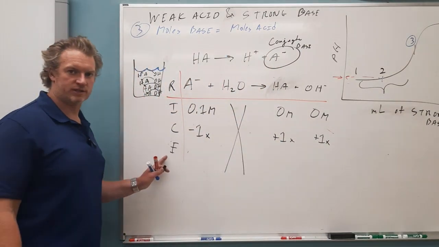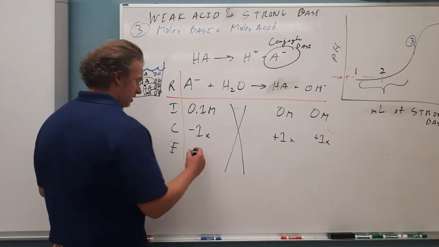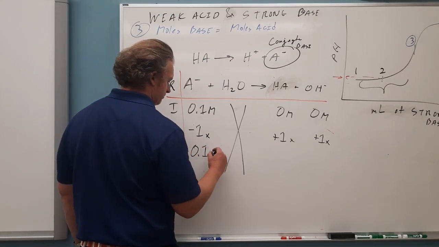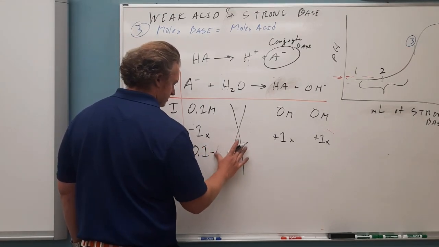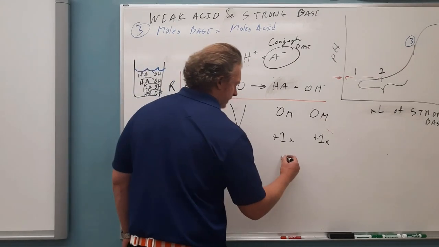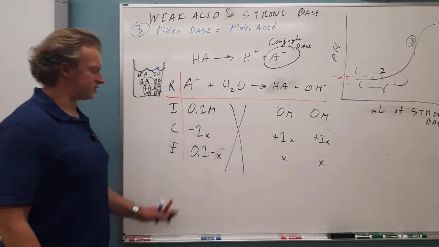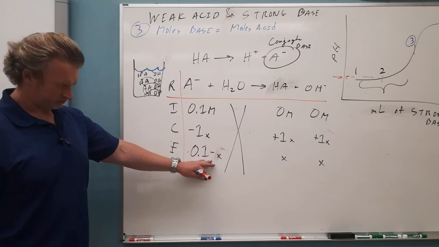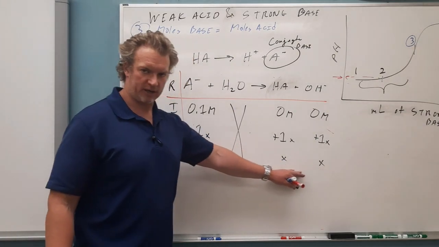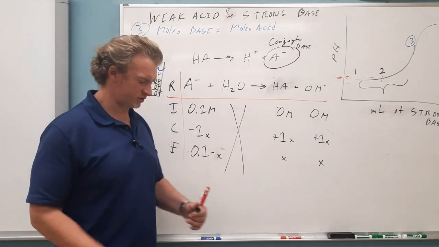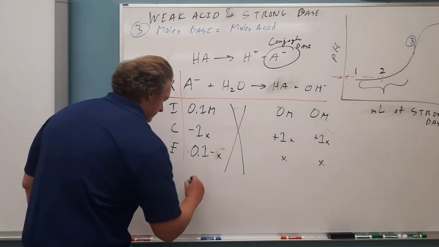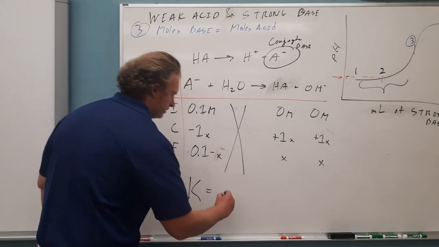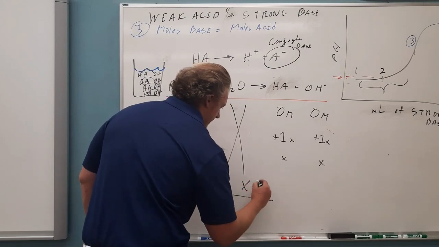So far, this Rice table feels very similar. 0.1 minus x, x, x. Okay? This is our E line here. These go in the denominator. This goes in the products here, the numerator, because products are always on top. So we have a K expression that looks like this.